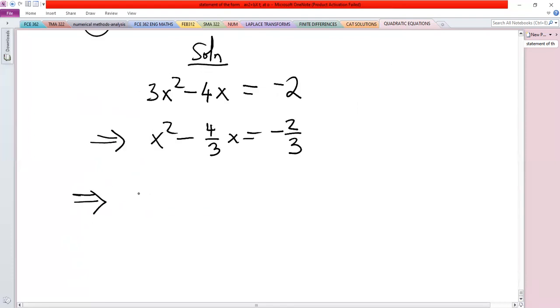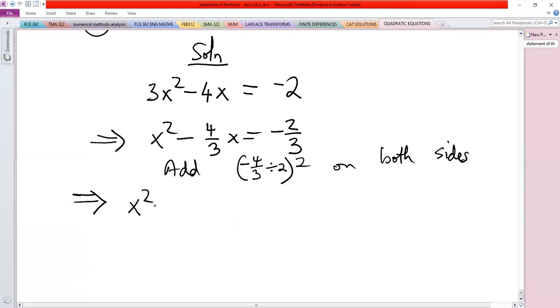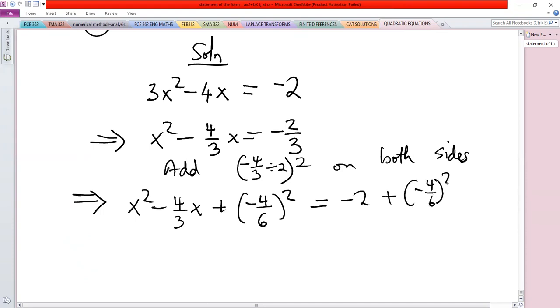This means we'll now add minus 4 over 3 divided by 2, squared, on both sides. So this will give us x squared minus 4 over 3 x plus minus 4 over 6 squared equals minus 2 plus minus 4 over 6 squared.